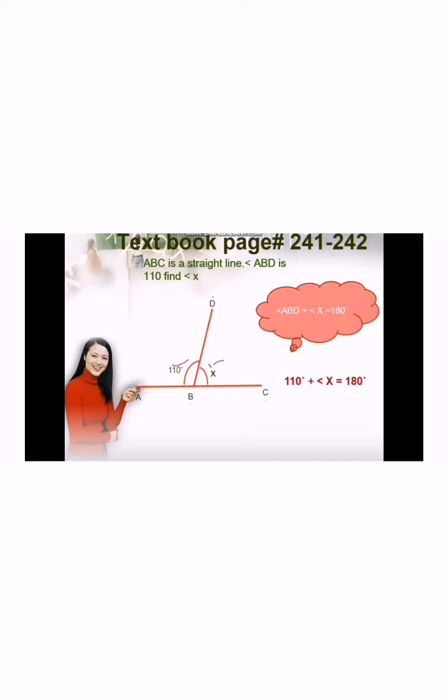So angle ABD plus angle X is equal to 180 degrees. To find angle X, I take 110 to the other side of the equal sign. So angle X is equal to 180 minus 110, which is 70 degrees.